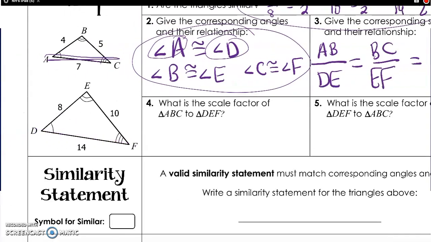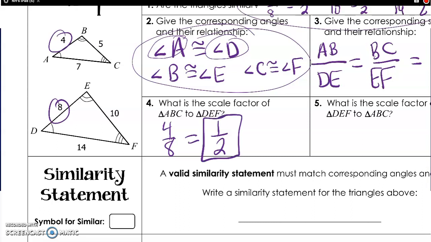So now we want the scale factor from triangle ABC to triangle DEF. So I'm going to match up 4 and 8. 4 over 8 simplifies to 1/2. We actually already did that in question 1, but I wanted you to see where that came from. Two ways to look at number 5.